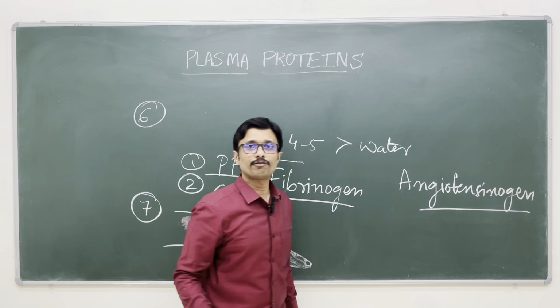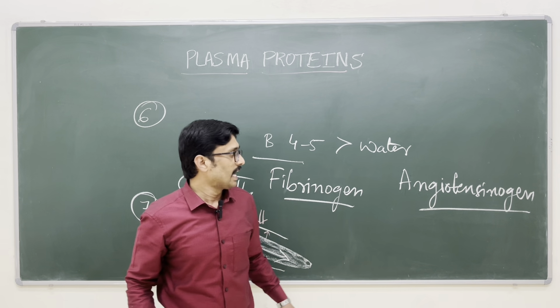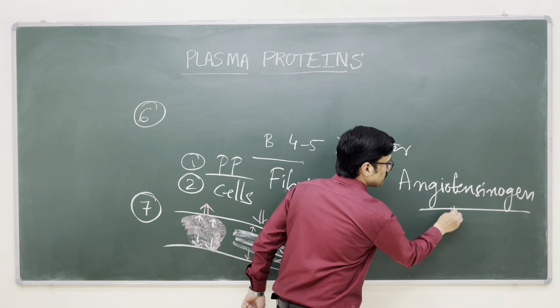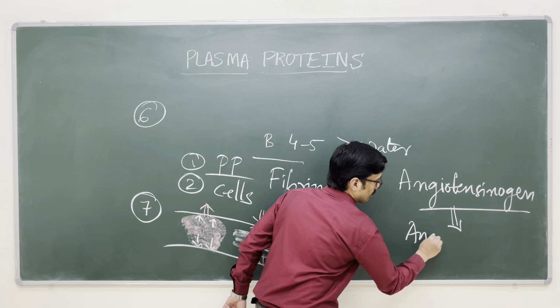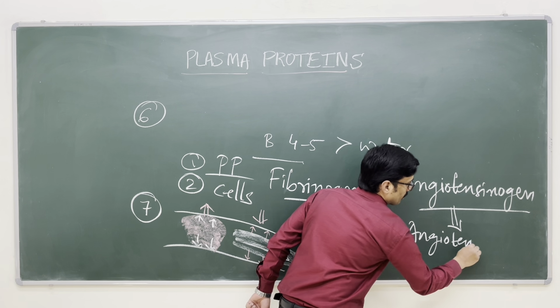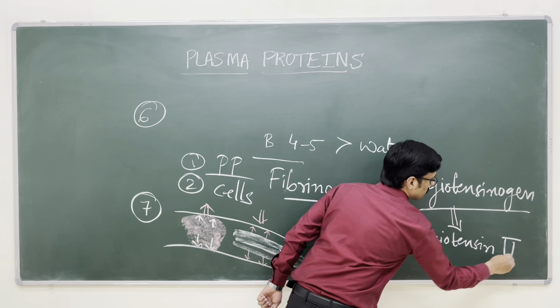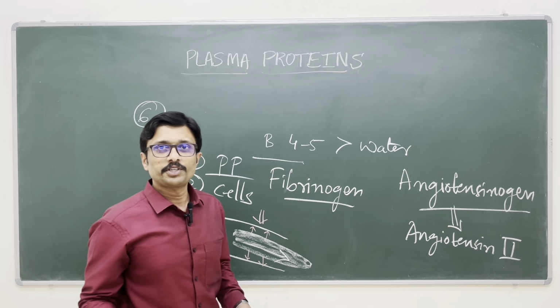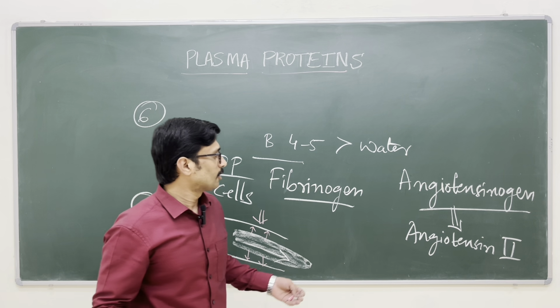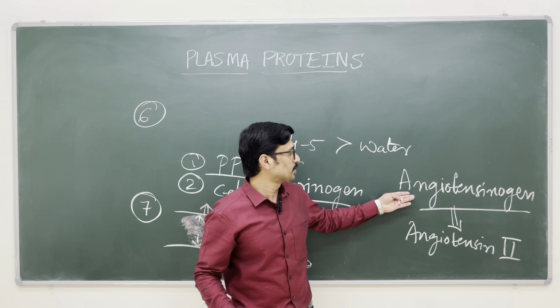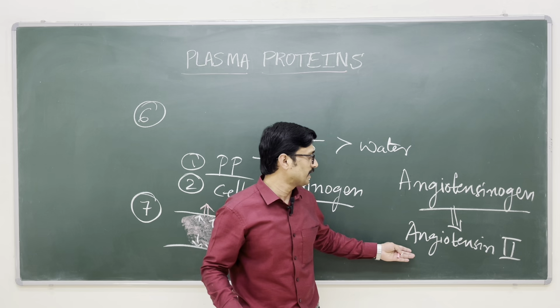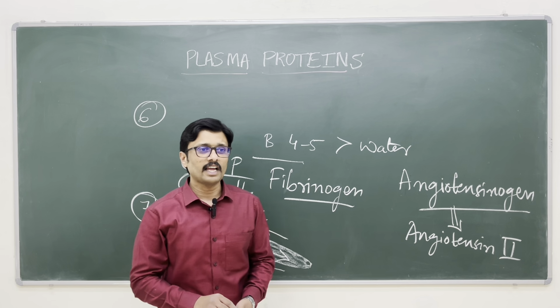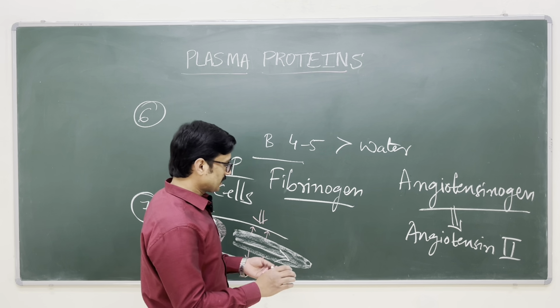Angiotensinogen is a type of globulin, and it is a precursor for angiotensin 2. Whenever there is a fall in blood pressure, there will be more and more conversion of angiotensinogen into angiotensin 2, and angiotensin 2 causes vasoconstriction.